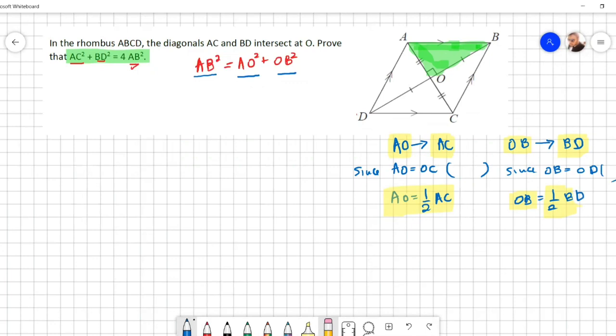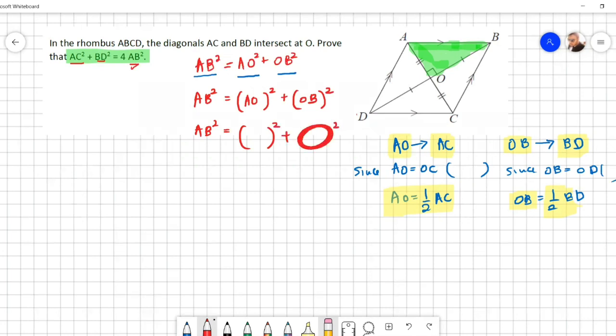BD. So now what I'm going to do is go back to the Pythagoras theorem I applied. AB I'm not going to change. Instead of this AO and instead of this OB, what I'm going to do is, instead of AO, I'm going to put half AC. So it will become half AC.